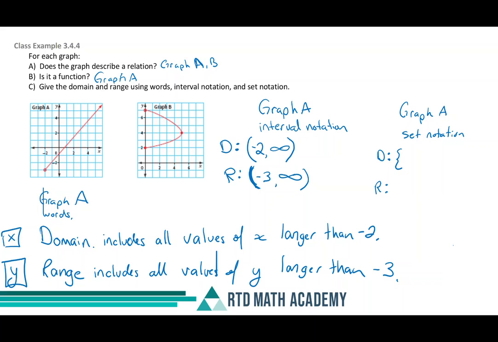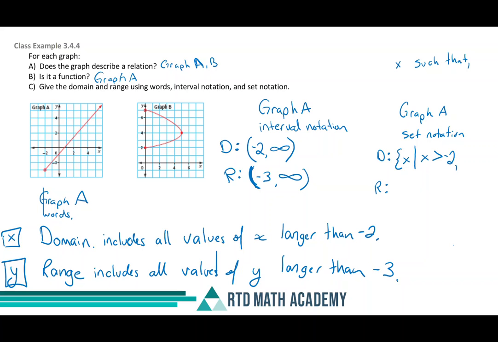But in this particular case, we've got some notation that we care about. We are talking about the domain, so we would write X, okay? This really elongated line here means such that. So we would have X such that, and then what is X allowed to be? Well, X includes all the values larger than -2. So we would say X is going to be all of the values greater than -2.